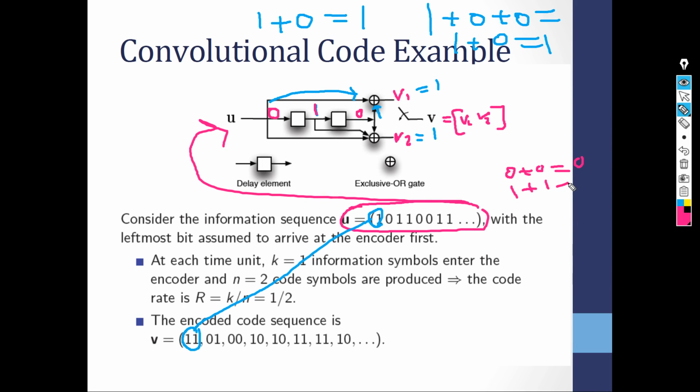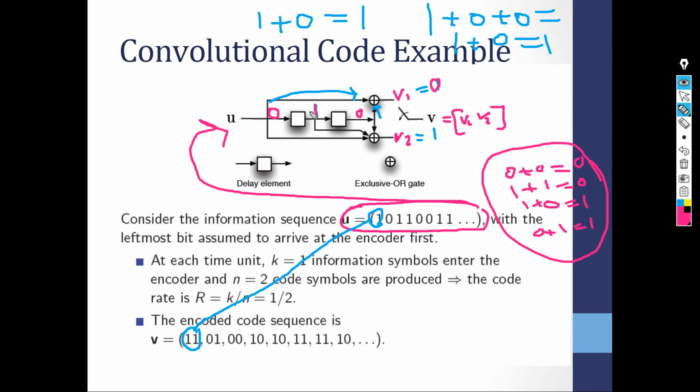To remind you, this is the XOR operation. So here you have 0 and 0, you get 0. So V1 here is 0. Now what about the other branch, V2?